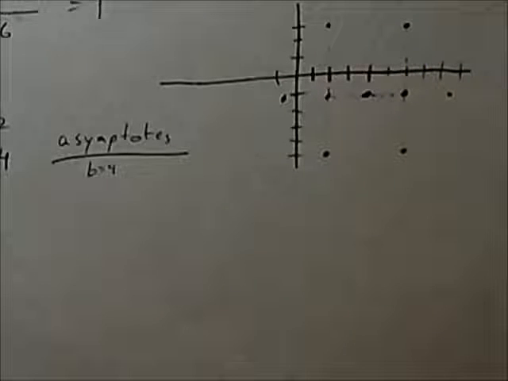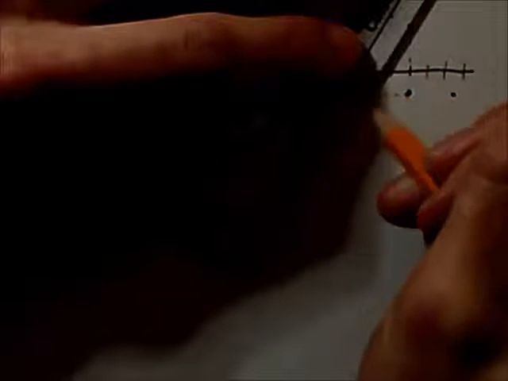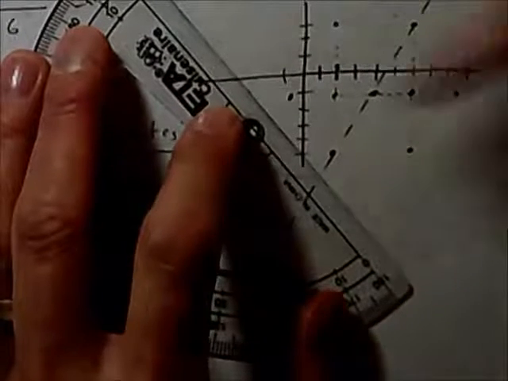Now, I'm going to grab a straight edge and draw in my asymptotes so that they go through those points I just made and the center. And the other direction.